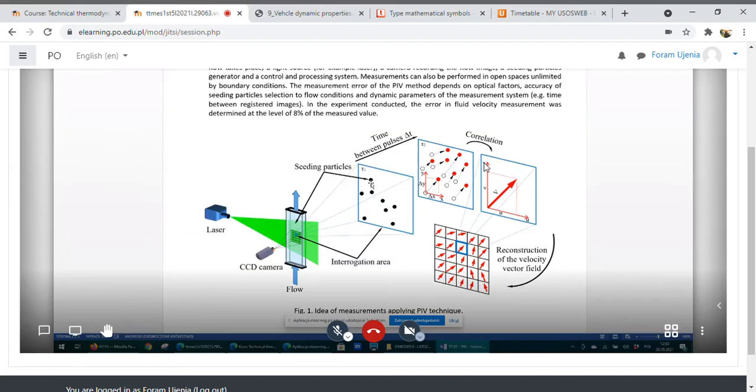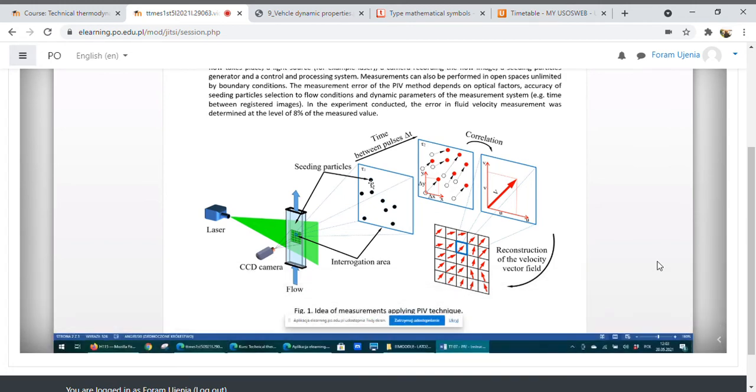And today we have a situation where we will prepare the measurement with gases. For gases, the best particle is a small droplet of liquid, and this small droplet we can see in the picture, which is made with the use of a CCD camera.